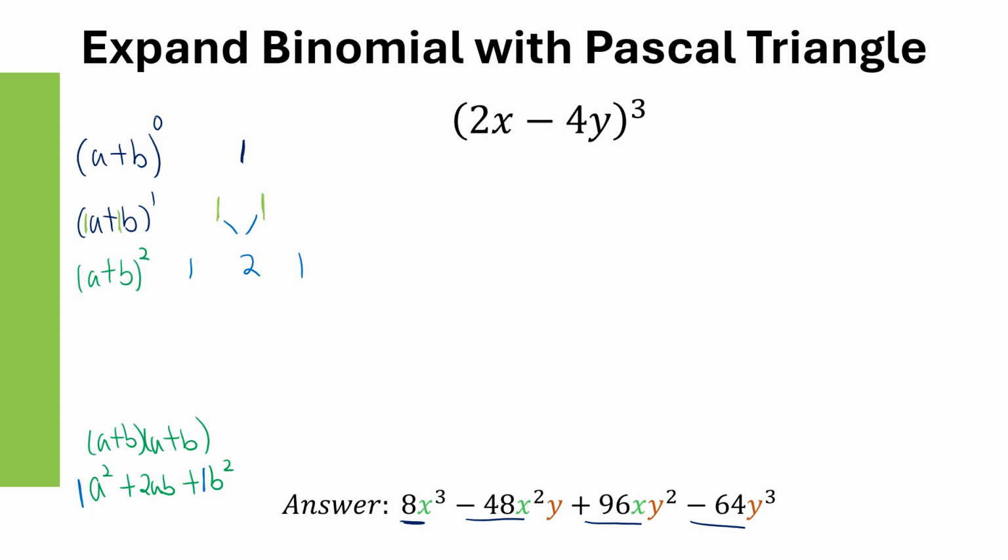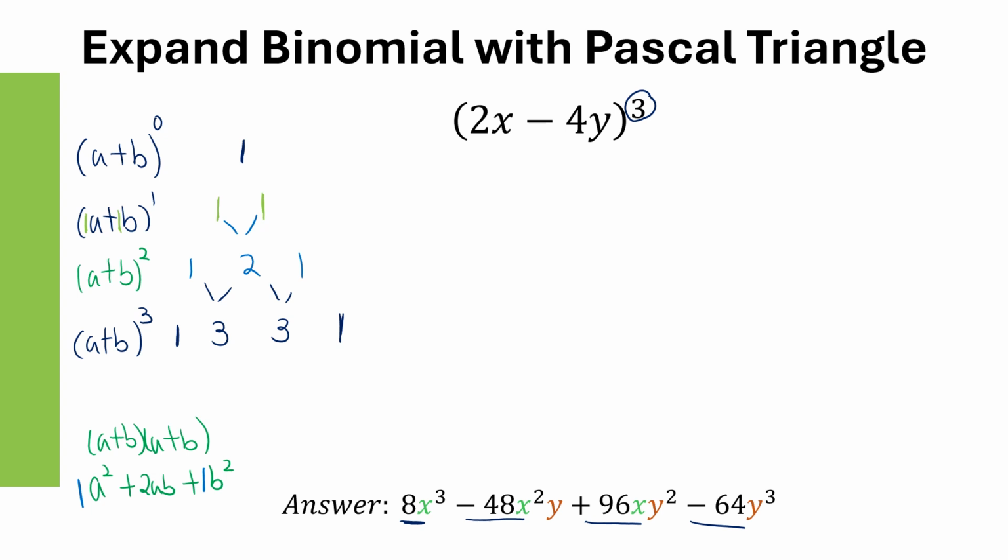So therefore, to get the coefficients when we have a plus b raised to the third power, which is the one we want, the coefficients are going to start with 1, and then 1 plus 2 is 3, 2 plus 1 is 3, and it ends with 1. Now your a is going to be 2x in our problem, and your b is going to be negative 4y.